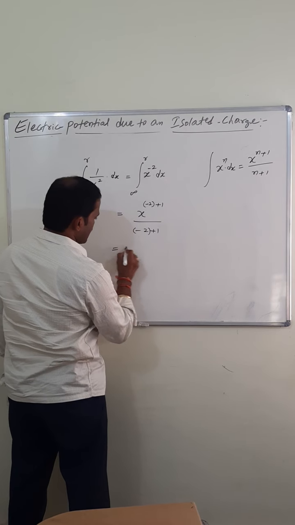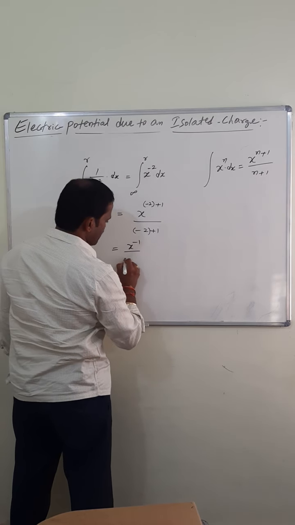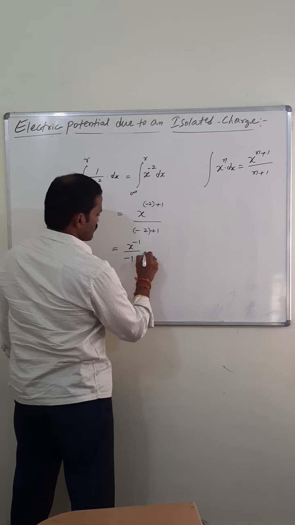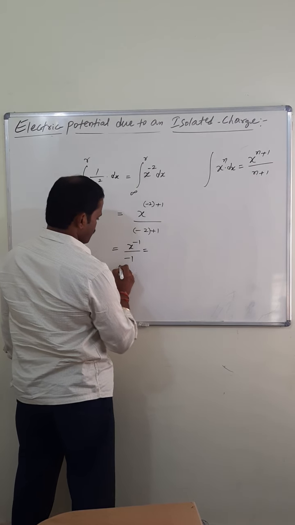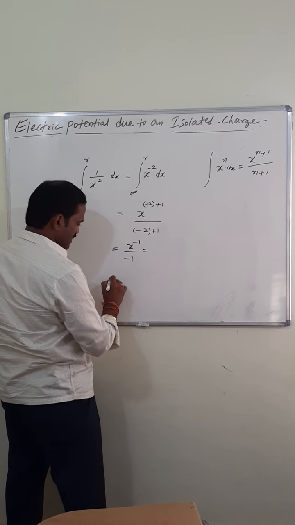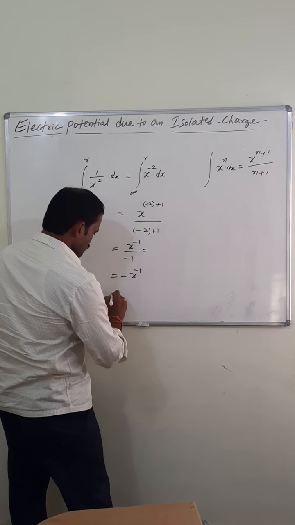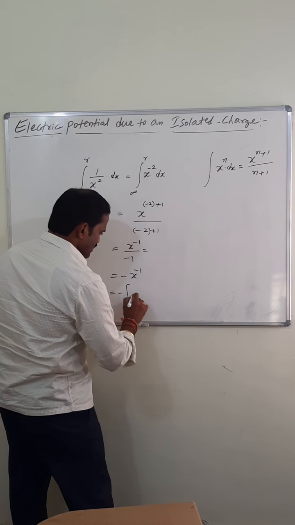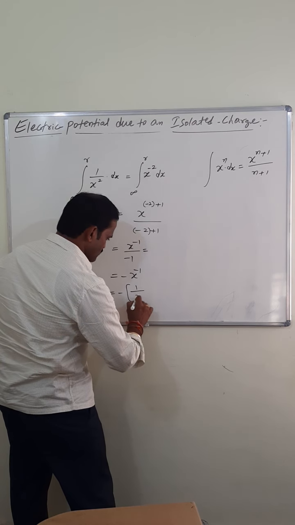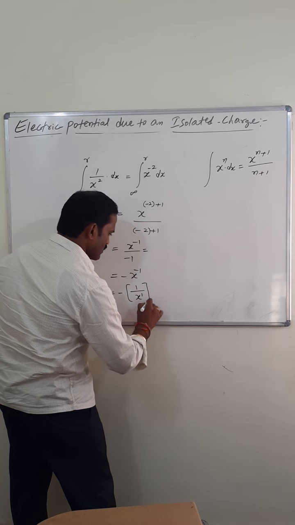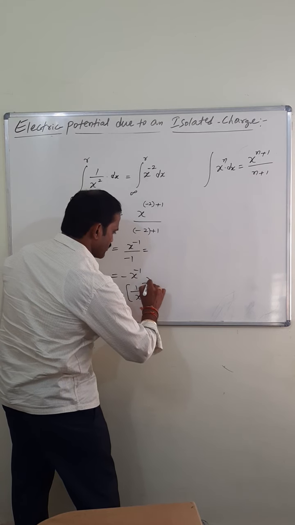If you simplify, you get x to the power of minus 1 divided by minus 1, which gives minus x to the power of minus 1. This can be written as minus 1 by x to the power of 1, limits ranging from infinity to r.